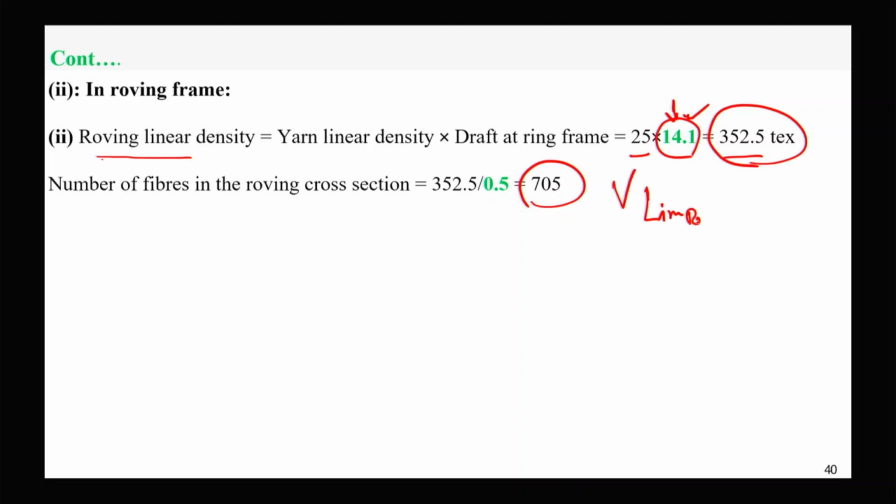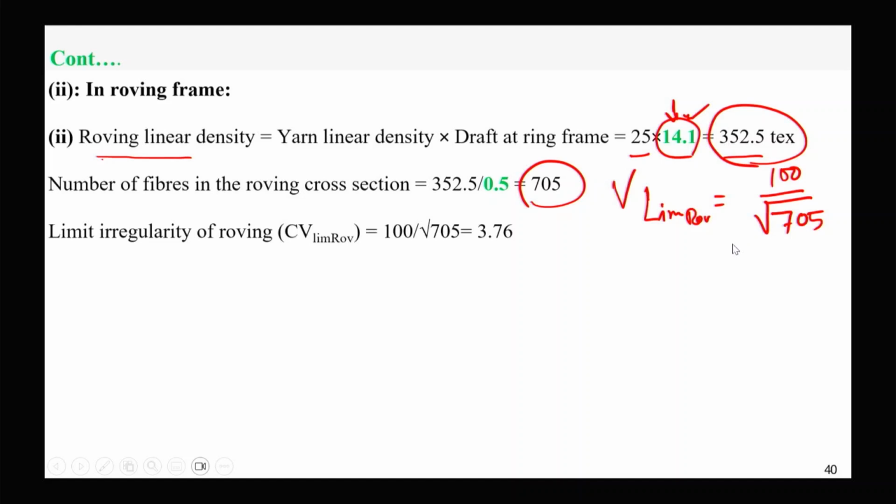of roving. Will be again 100 by under root 705, which will become 3.76. So limit irregularity we have calculated, and we know the CV of roving, which is given.